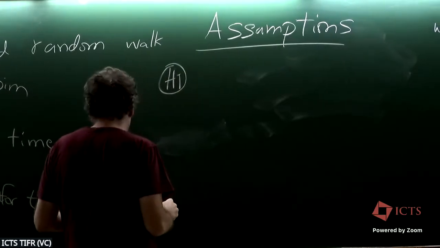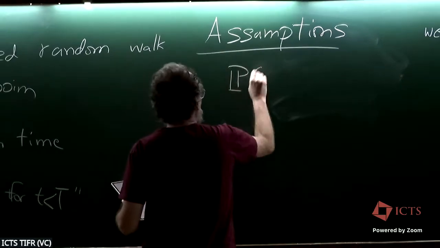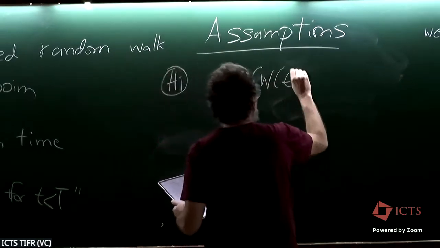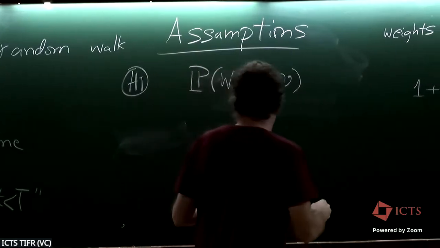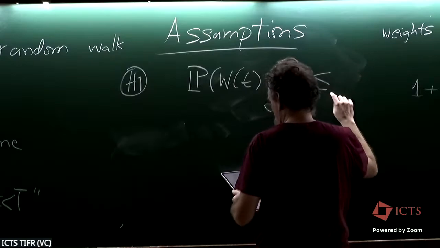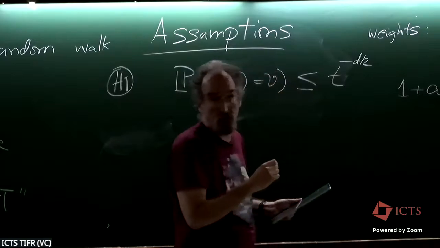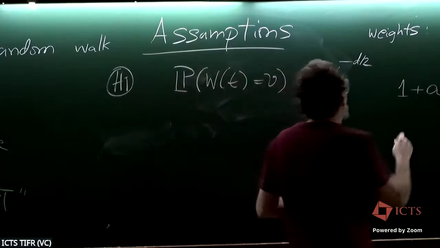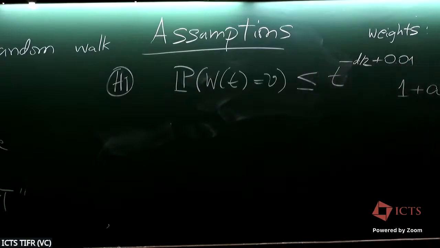So assumption one, or H1, like we call it in the paper, is that the probability that the process is in any given vertex at a time t is smaller than t to the minus d half, which is what we expect for random walk. And then we want a little bit of leeway, so we add a small constant.